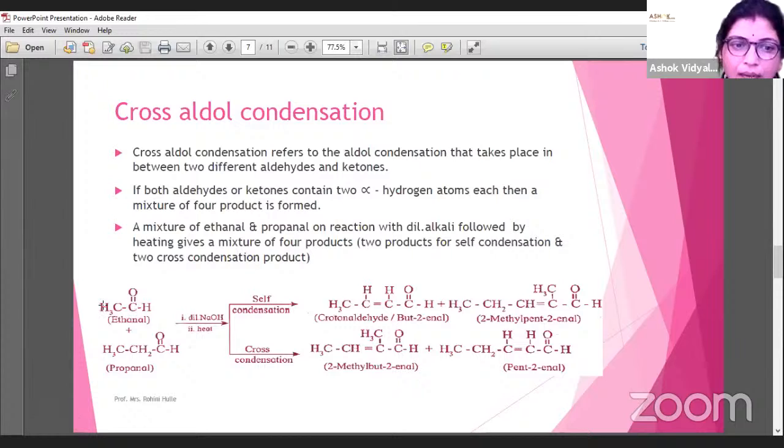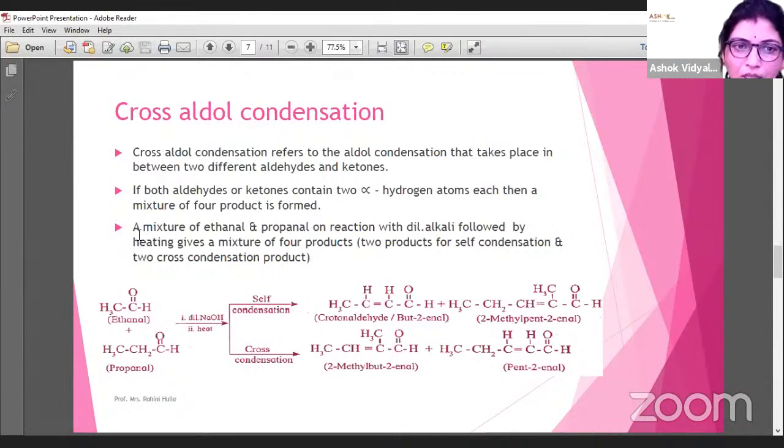In this reaction there are 2 different aldehydes, that is ethanal and propanal. Both aldehydes contain 2 alpha hydrogen atoms. Aldehyde or ketone must contain alpha hydrogen atoms, and then a mixture of 4 products is formed. There is formation of self condensation and cross condensation products.